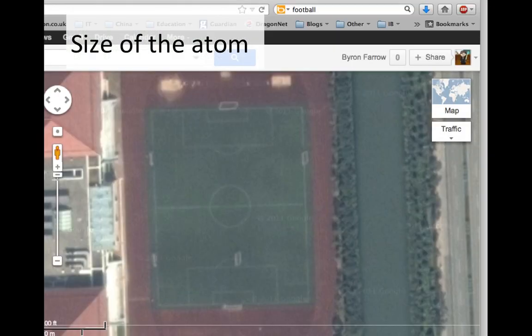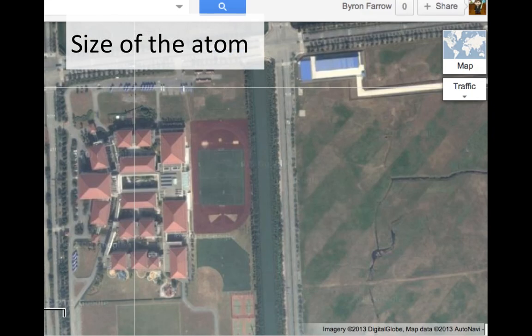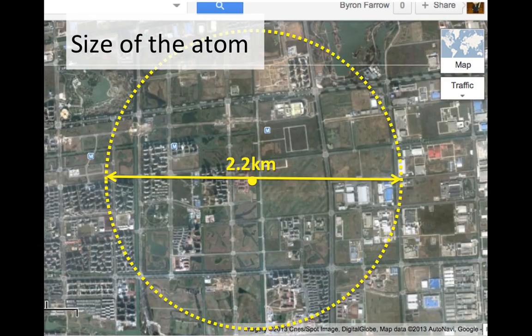So here's a football field, courtesy of Google Maps. Let's zoom out a bit. Here you can see the school and the football field, and zoom out a bit more, and here you can see the middle of the school and 2.2 kilometers, a 10 to the 5 ratio.